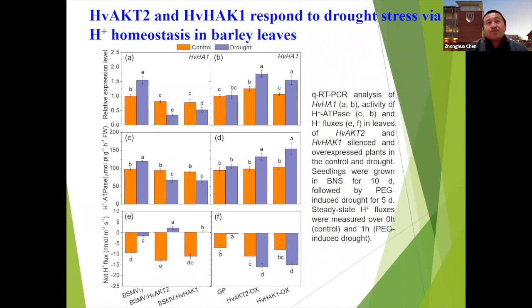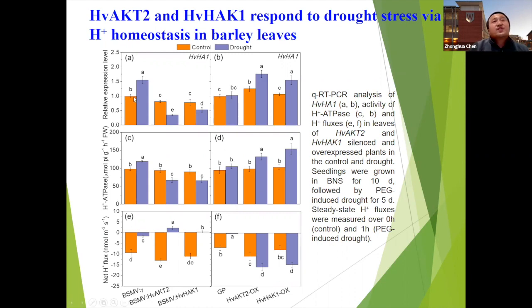And again, here we found that regulating those two ion channels also affects proton transport at the gene expression level, enzyme level, and also the physiological level.